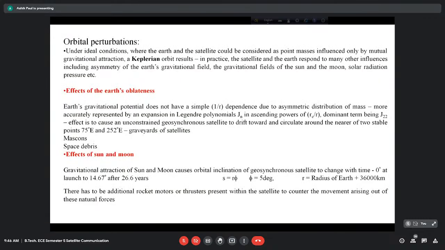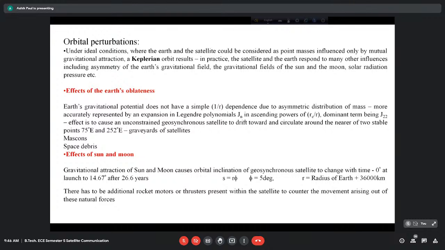So we can understand that when there is an orbital inclination of the geostationary or geosynchronous satellite from its ideal value of 0 degree to something like, say, maybe 5 degrees or so after, say, 7 years or 10 years of operation, that means that's a significant amount of change. Because as the orbital inclination changes, the entire structure of the satellite is also getting tilted, also getting inclined.